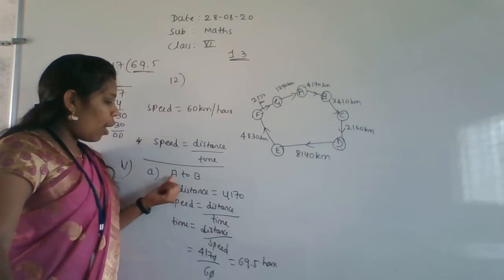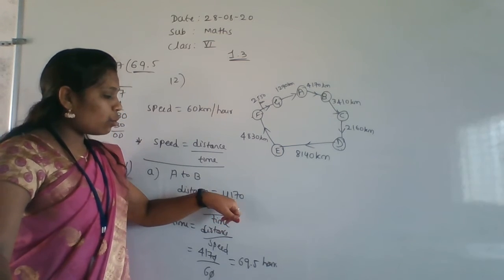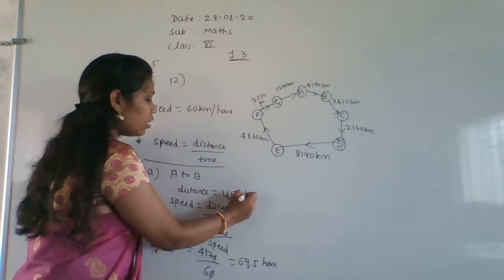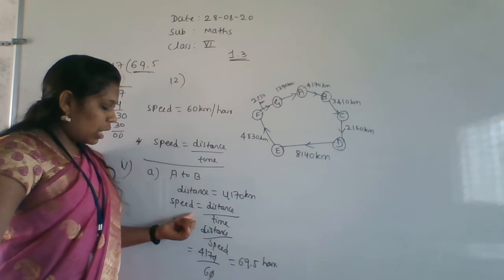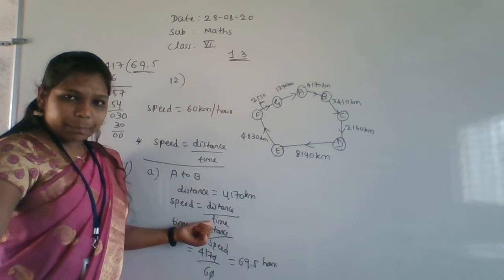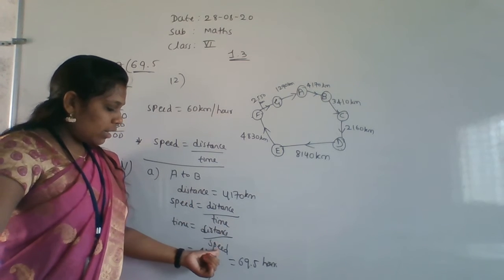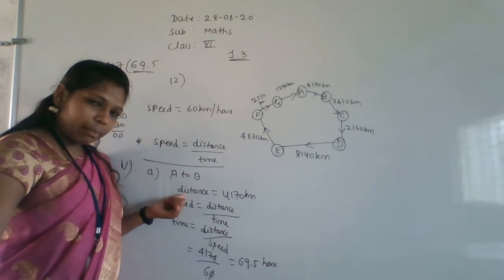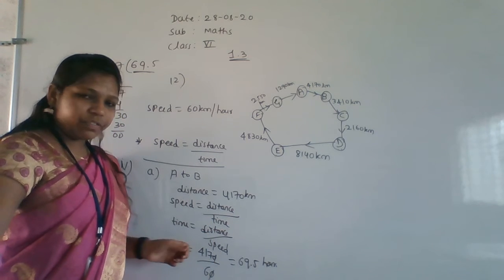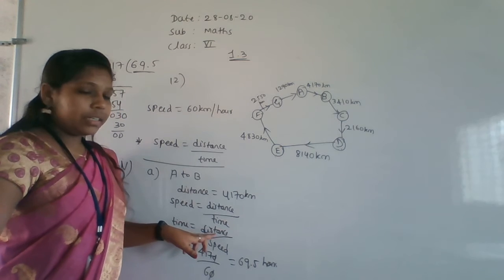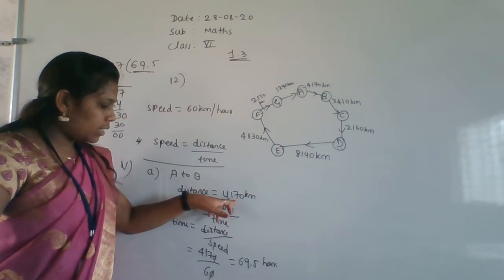From A to B, the distance is 4170 kilometers. We want the time, so by cross multiplication, speed comes to this side and time to this side. That is, time is equal to distance by speed. Distance we know, right? Distance is here how much?